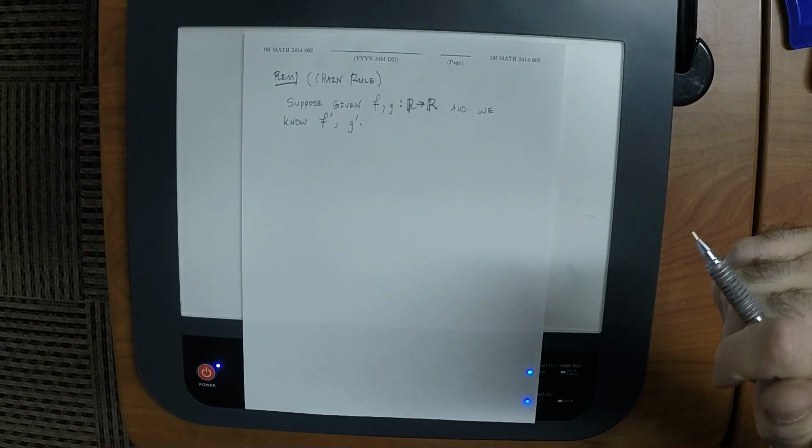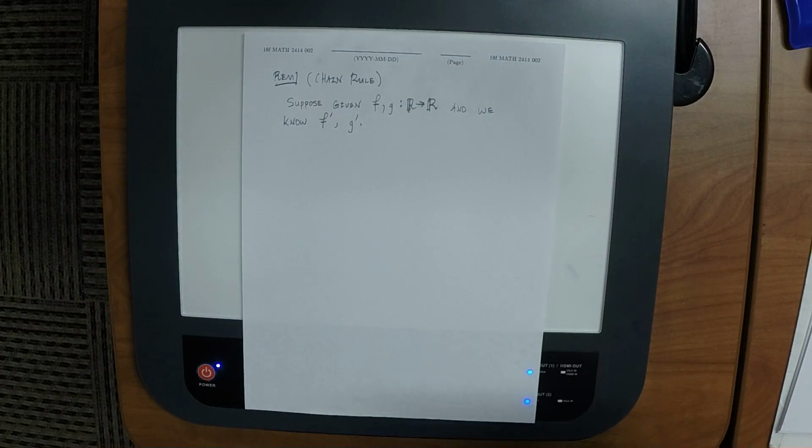So we've got two functions, and moreover, we know their derivatives. Then the question is, what is the formula for the derivative of the composition?